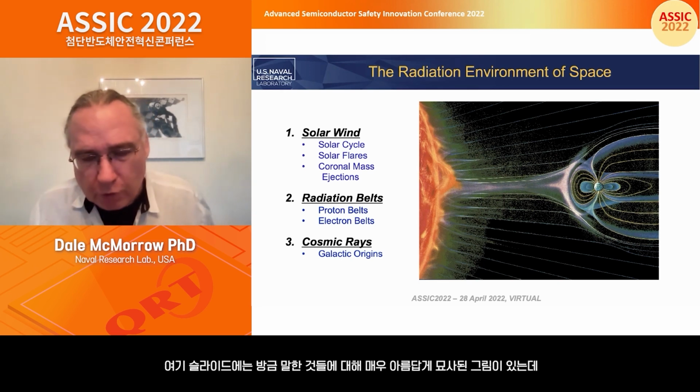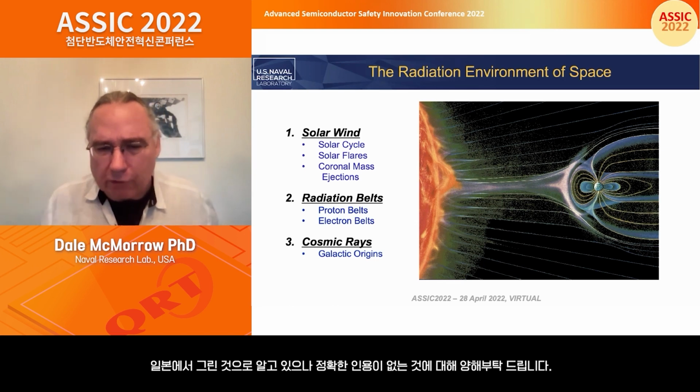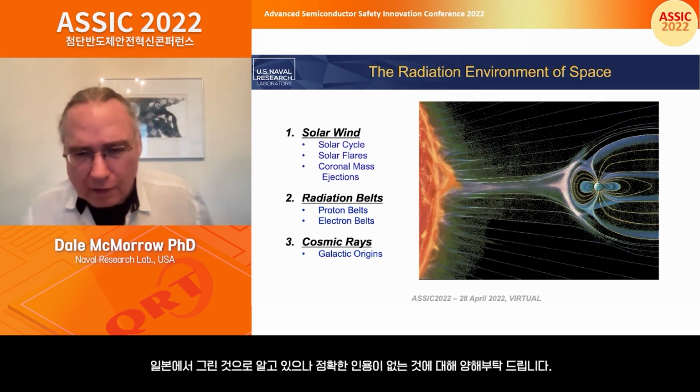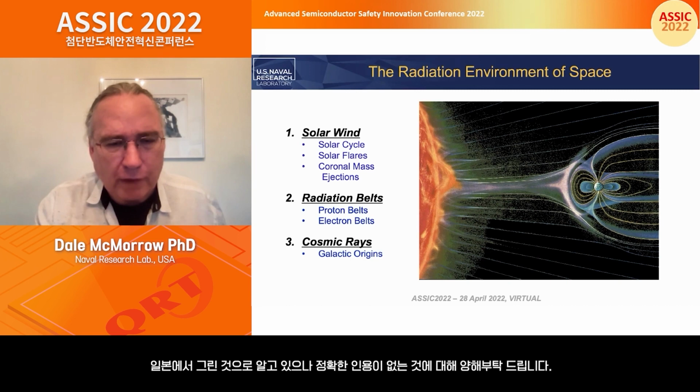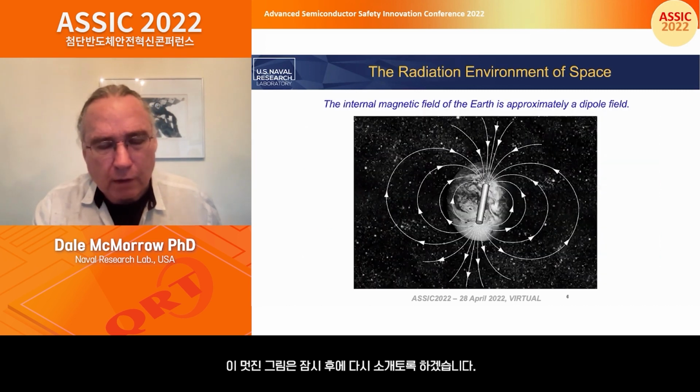You've got this very beautiful artist's depiction. I believe this was a Japanese artist, but I apologize that I've lost the citation for that. But it gives a very nice picture, and I'll show a bit more in a second.